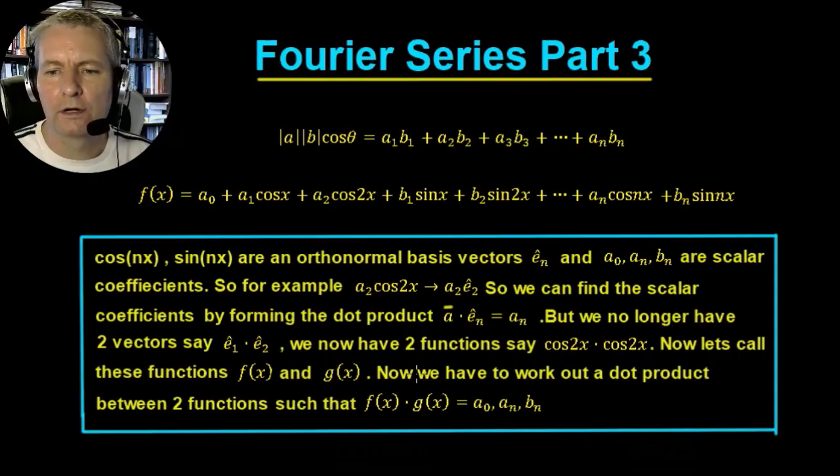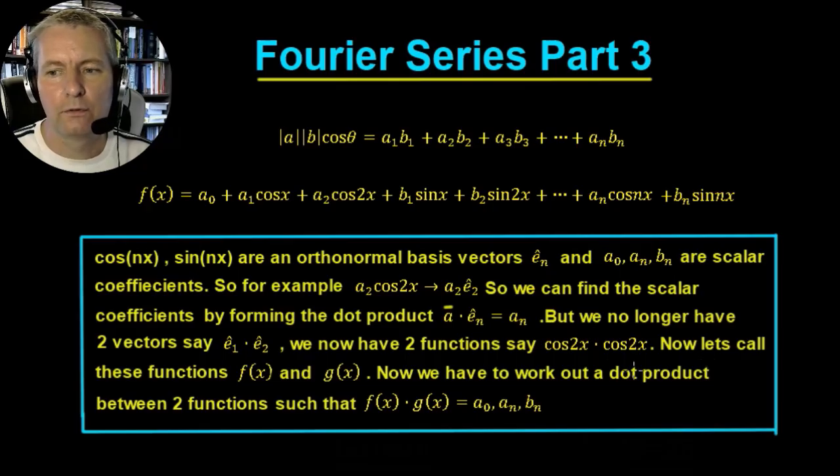But we no longer have two vectors. So for example, the previous vectors we were taking dot products of were E1 hat dot E2 hat. We've now got functions replacing the vectors. So now we'll have, say for example, cos 2x dotted with cos 2x.